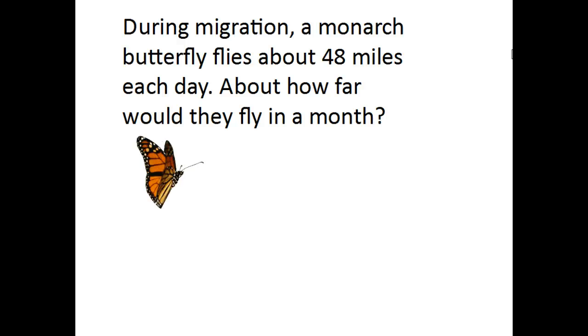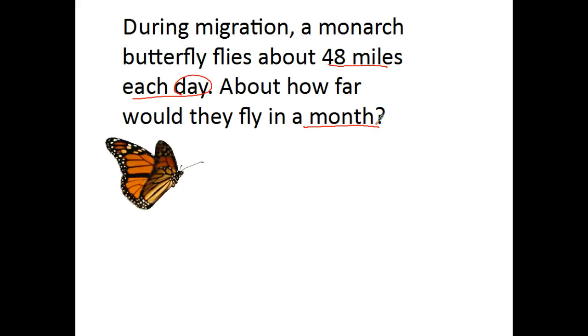During migration, a monarch butterfly flies about 48 miles each day. About how far would they fly in a month? I'm looking at the problem and I only see one number in the problem. There is another clue for me though, because it says they fly 48 miles each day, but then I want to know how far they fly in a month. So I need to think in my head, how many days are in a month?